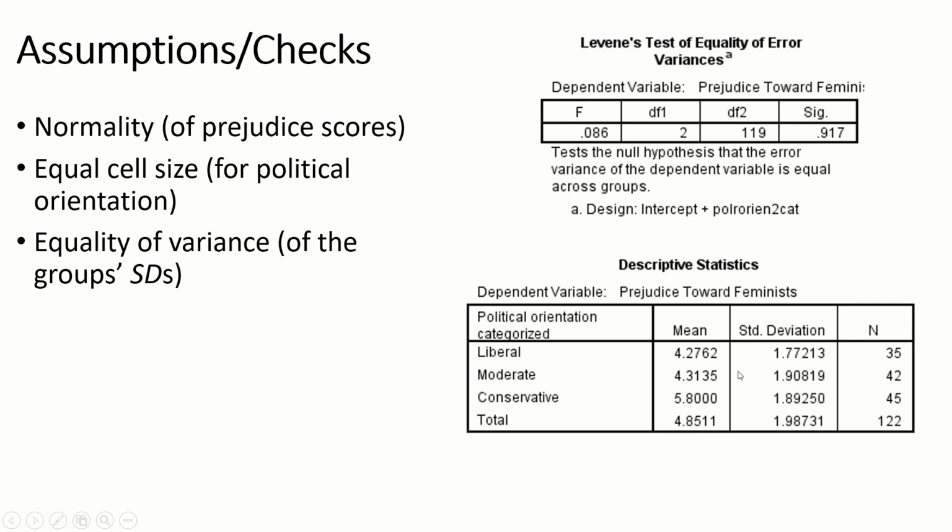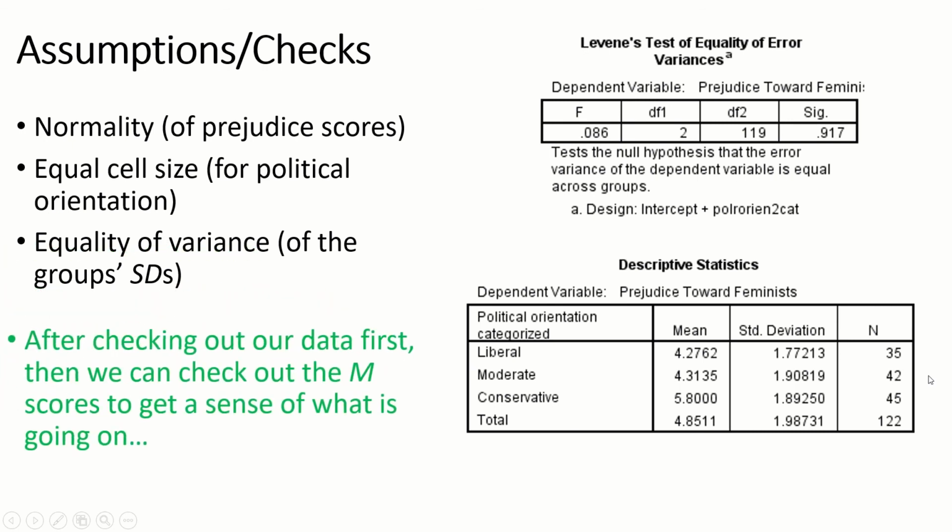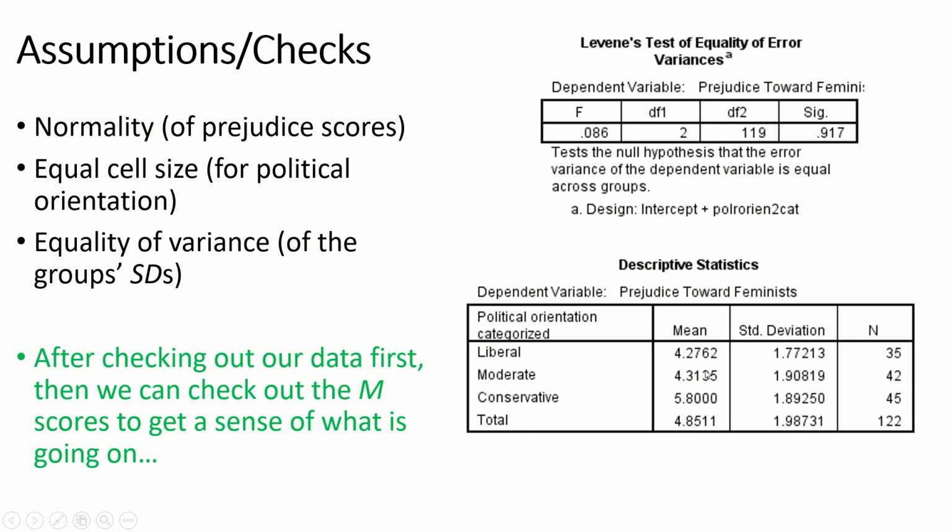But first, we can check out the data. We can check out the mean scores to get a sense of what's going on. If we take a look at the mean scores between liberals, moderates, and conservatives, we notice a big difference between liberals and conservatives, with conservatives having a mean of 5.8 versus liberals 4.28. We know that conservatives already report much more feminist prejudice than liberals. The question was, how do moderates fit in the picture here?